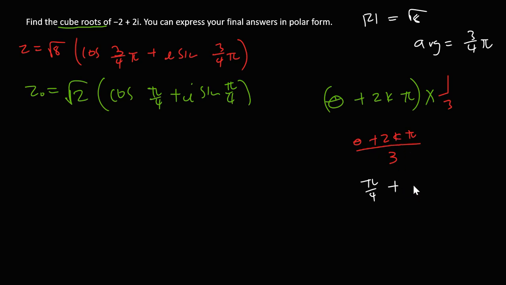If k is equal to 1, we're going to have 2 pi all over 3, right? And to make things easy for me, I'm just going to multiply by 4 over 4 this side. It really doesn't matter which one you took.